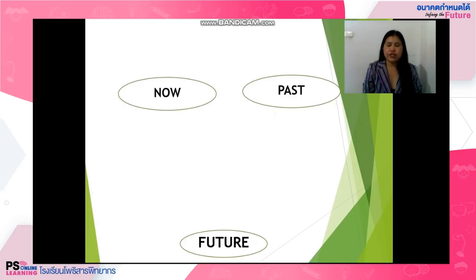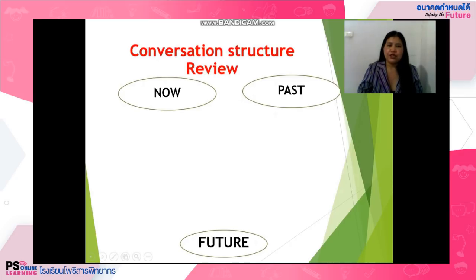For the conversation structures, we use three tenses. We have present continuous for what you are cooking now or at the moment, and then we use past tense, and then future tense. But for future tense we use two conversation structures. So let's look at them all. The first one is for now or at the moment.